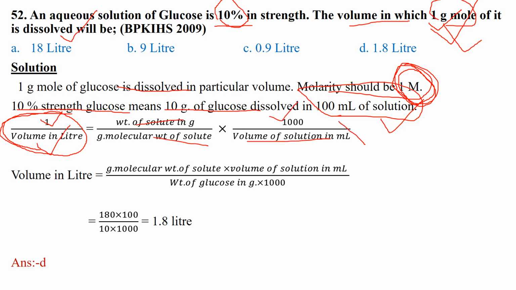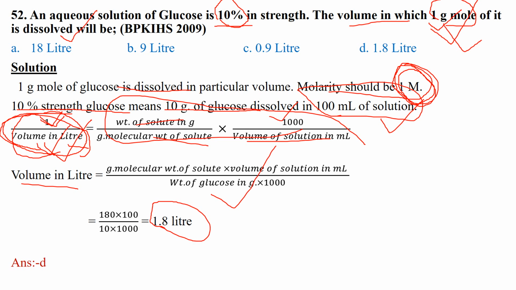This is also the formula of molarity, because 1 mole is dissolved in a certain volume in liter. So we have to equalize this. Then the volume in liter is equal to 1.8 liter, simply by using this formula. So the answer is 1.8 liter.